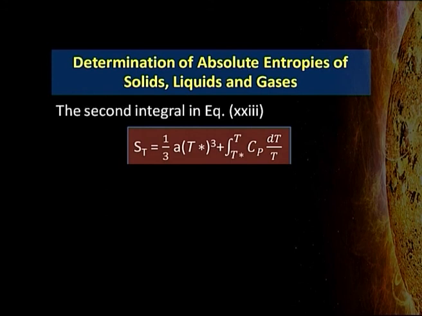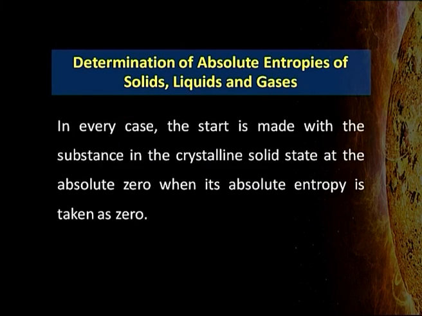Combining the heat capacity data with the enthalpy data on phase transformations, the absolute entropy of a substance, whether solid, liquid or gas, at temperature T can be determined. In every case, the start is made with the substance in the crystalline solid state at the absolute 0, when its absolute entropy is taken as 0.